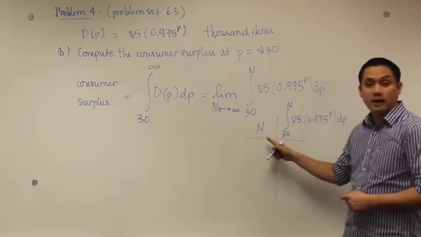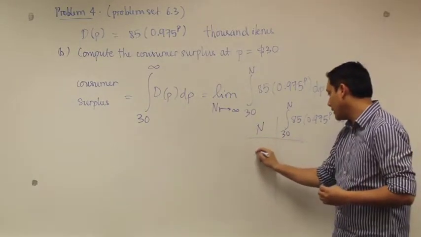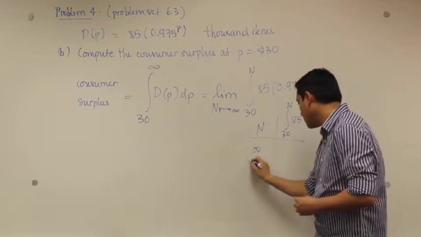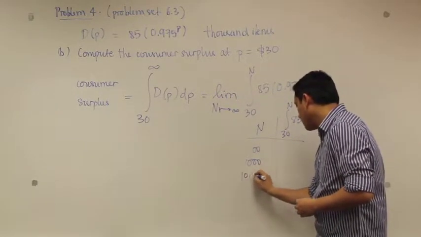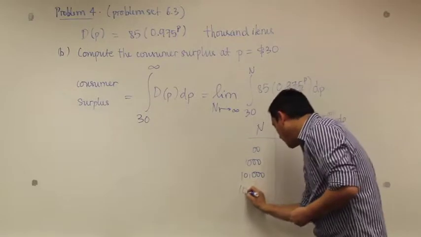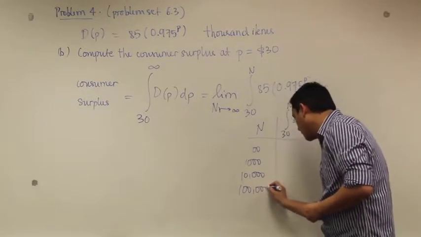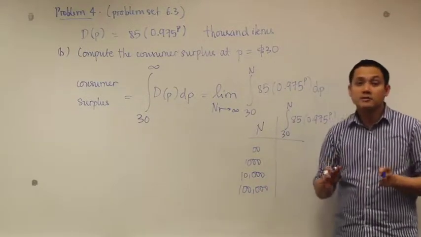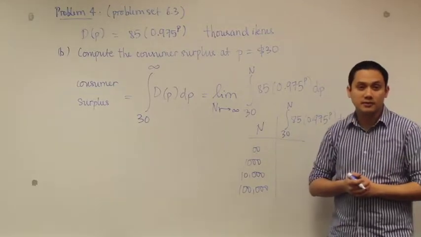And I'm going to let n start at 100, 1,000, 10,000, 100,000, and so on. And please pause the video, try to do this problem by yourself.